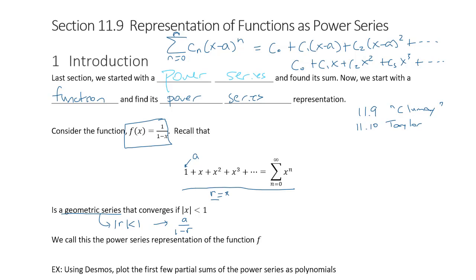So since r and x are the same thing, this series here is going to converge if the absolute value of x is less than 1. And what does it converge to? Well, it converges to a, which is 1, over 1 minus r, which is x. Hence this function f of x, again, so long as the absolute value of x is less than 1. So we're going to call that the power series representation of this function f.